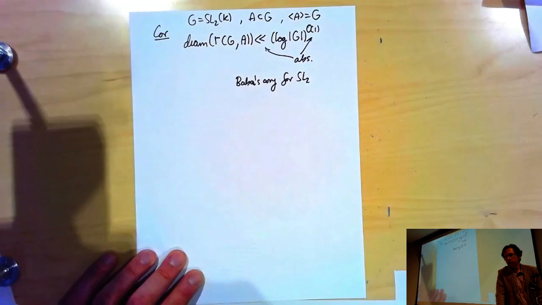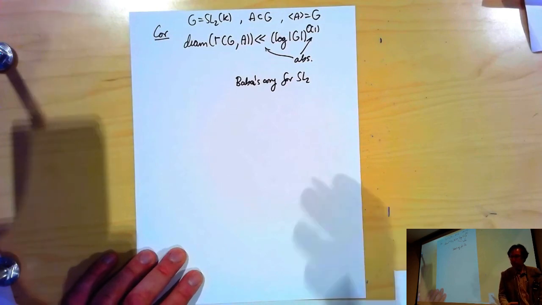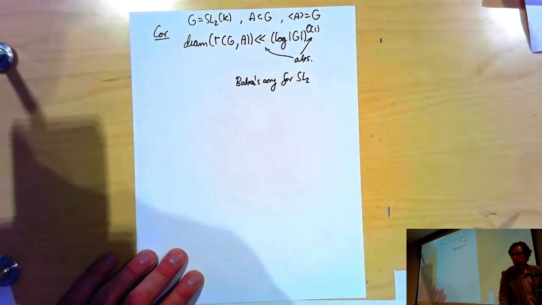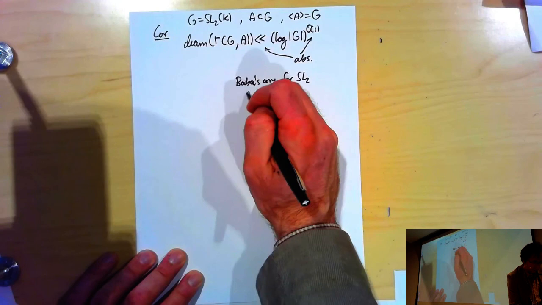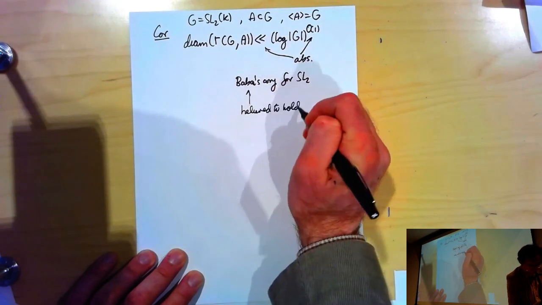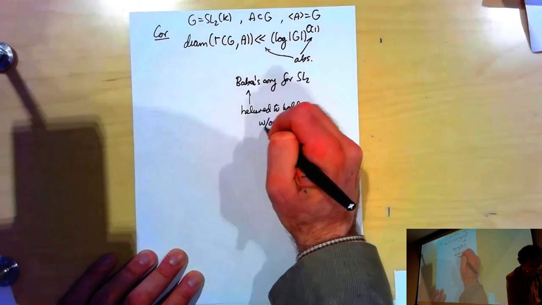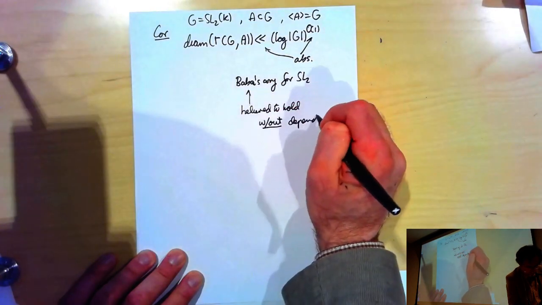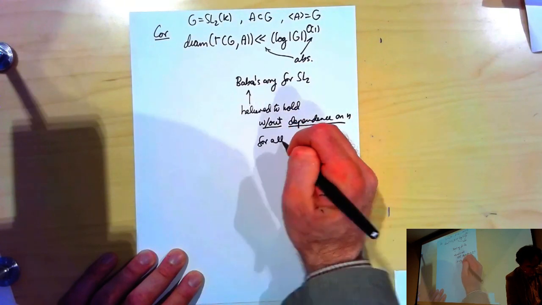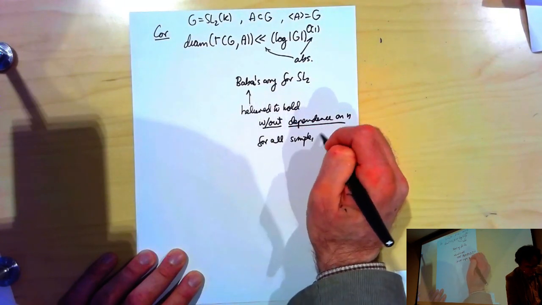And now we have, because of this, Babai's conjecture for any group of bounded rank. Why do I say of bounded rank and not for every group? Well, we do get a bound for every group, but we get an exponent and a constant that depend on n. And that's believed to be unnecessary. So this is believed to hold without a dependence on n for all simple finite non-abelian groups.